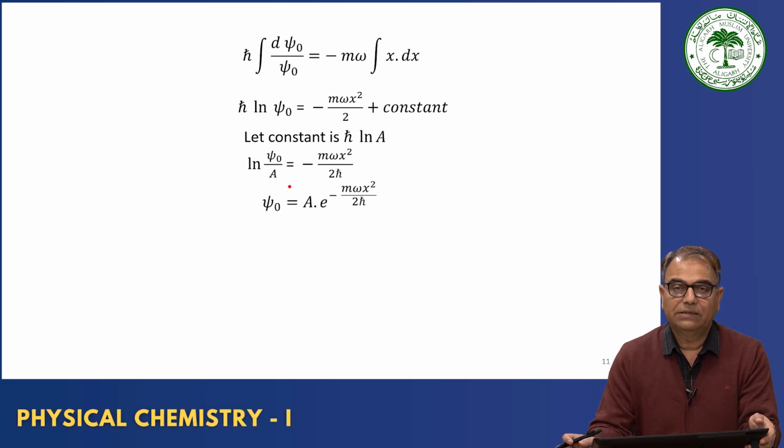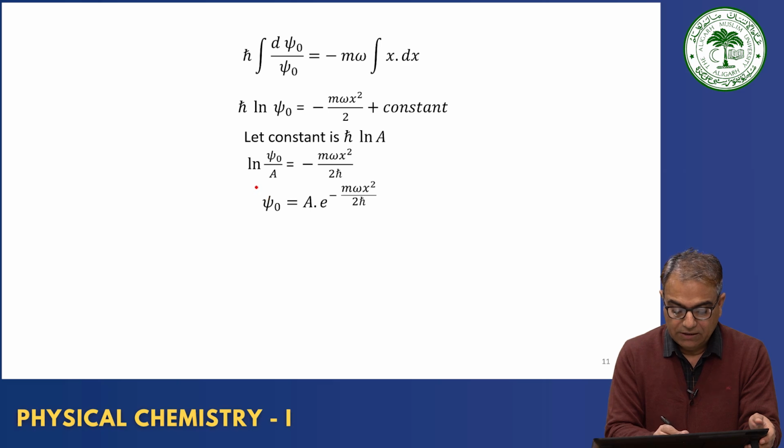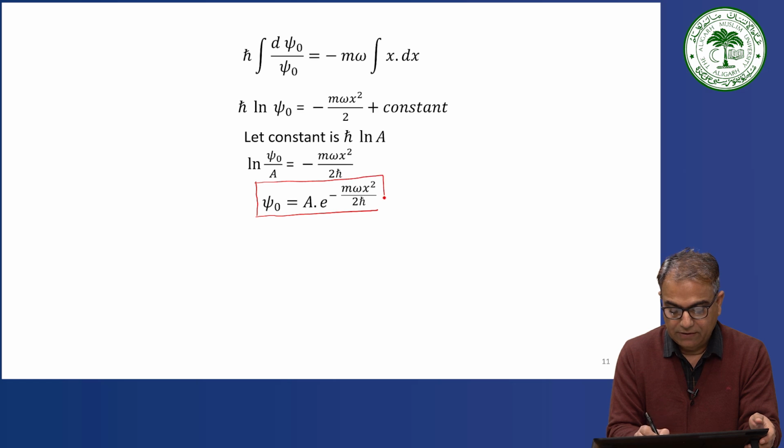Or we can write psi 0 is equal to a exponential of minus m omega x square divided by 2 h cross. So this is the wave function for the lowest energy level we have found.